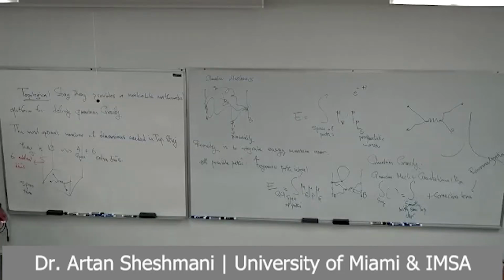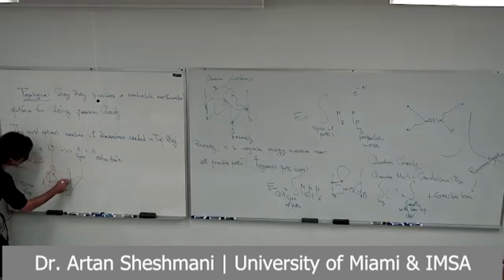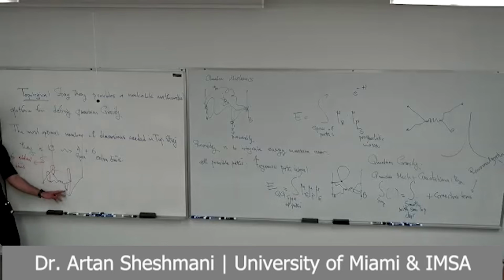And in particular, our particles need to have an extension. So it is assumed in topological string theory that the pre-image of the particles in space-time into the ambient space, with 6 additional dimensions making 10 ambient dimensions, are tiny closed curves, and those are the strings.